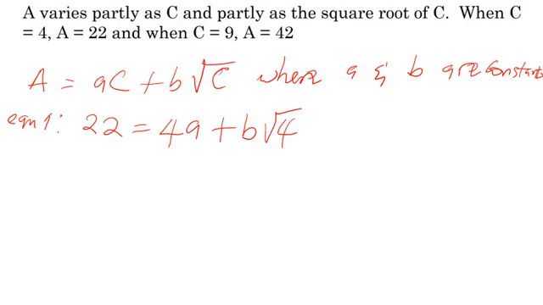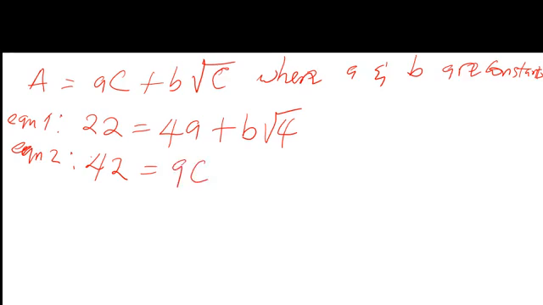And equation 2 could be when C is 9 and A is 42. So it will be 42 is equal to 9A plus B times the square root of 9.